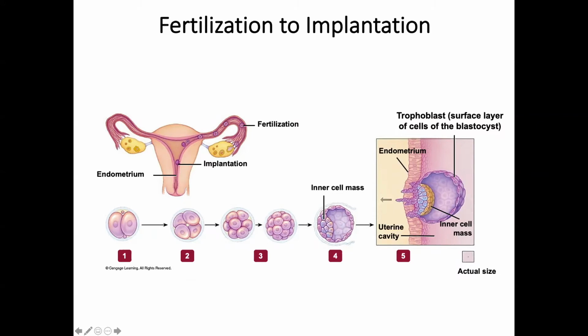All right, shown here. The inner cell mass in the blastocyst gives rise to a disc-shaped early embryo. The trophoblast refers to the surface layer of cells of the blastocyst. These cells provide nutrients to the embryo and develop into the chorion and later a larger part of the placenta.